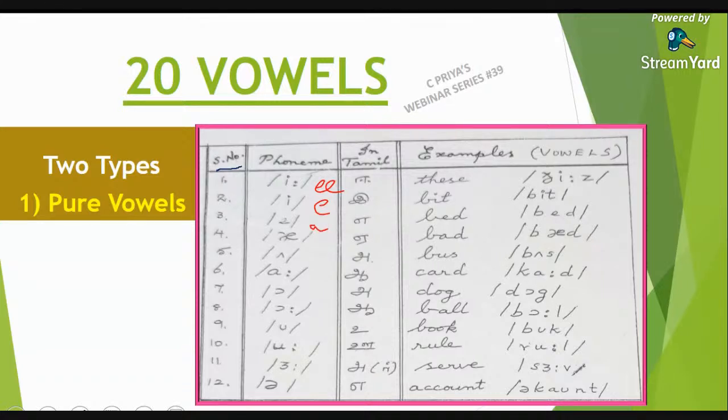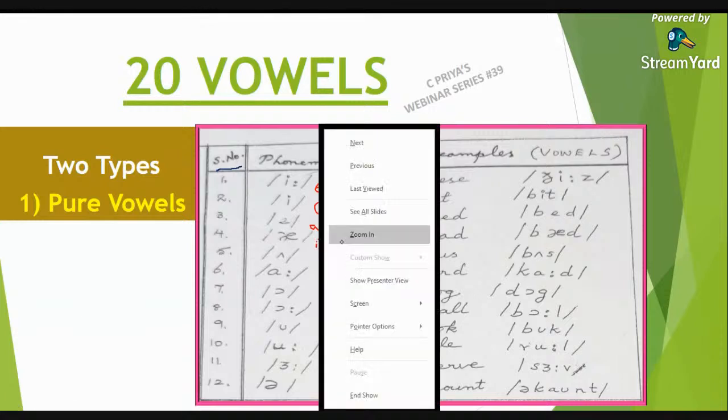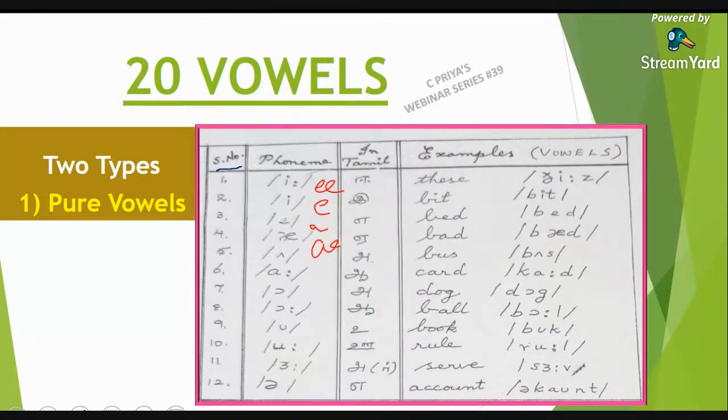The fourth sound produces A. The fifth sound produces A. And the sixth produces A. Again, the seventh sound produces A. It is not dog, it is dog. Again, the eighth one is another A.